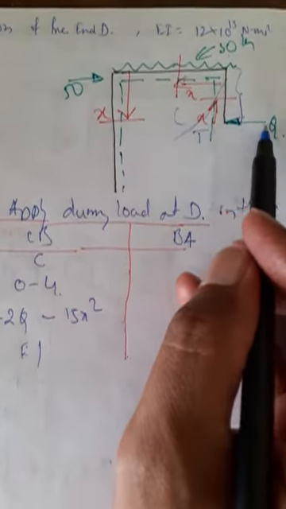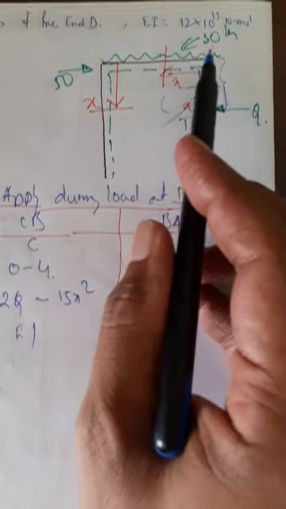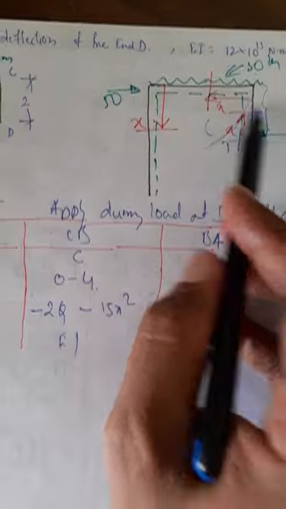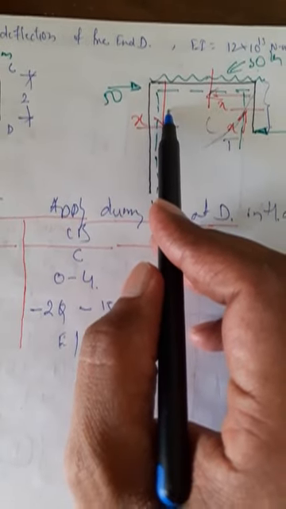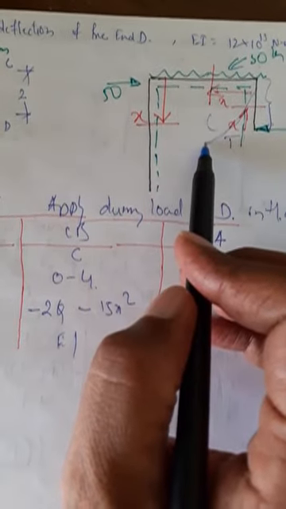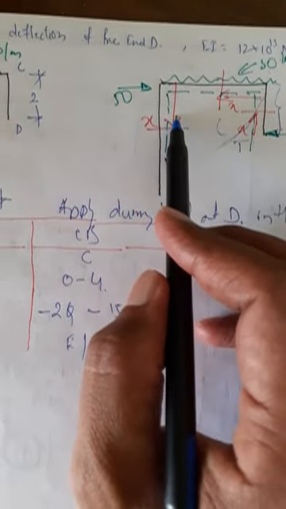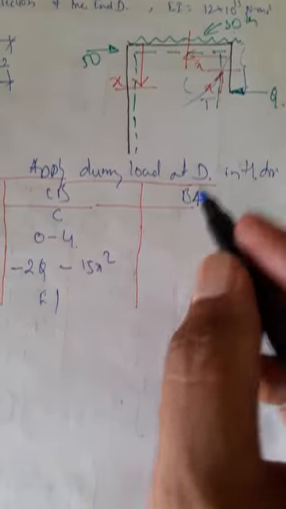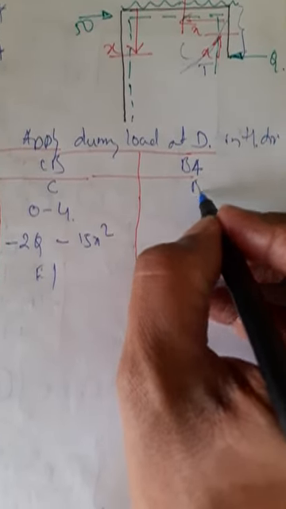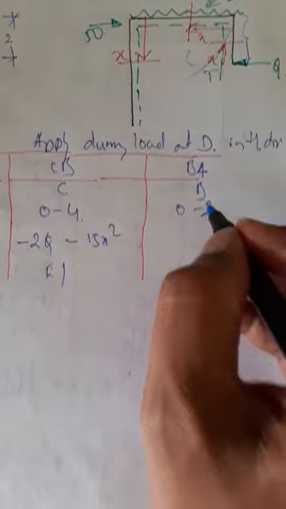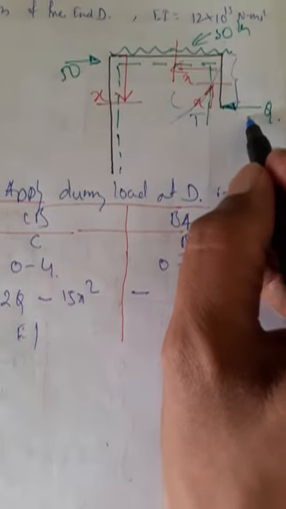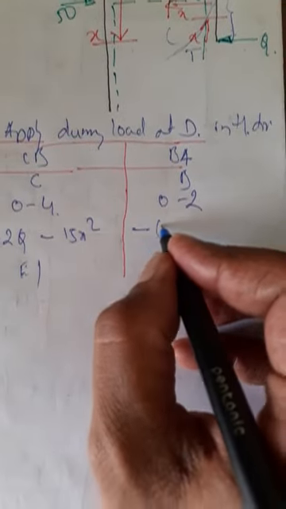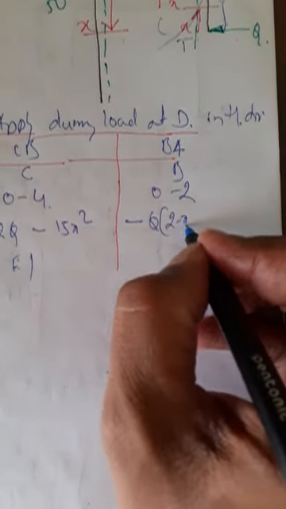Now BA at this section, three loads are there: this dummy load Q, the UDL, and this point load. So I have to consider all three. All three are producing compression on the dotted line, so all three forces give negative moments. So origin is B, limits 0 to 2, next minus Q into 2 minus X, so that whole section is considered.